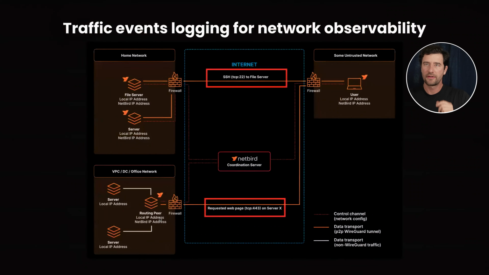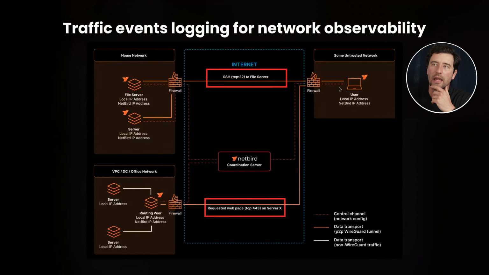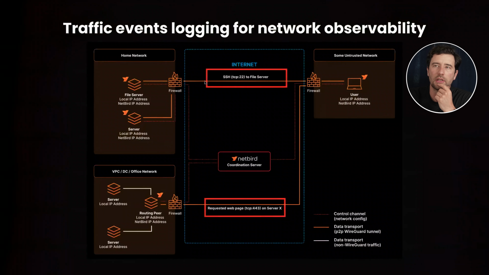Now, what are the traffic events in this context? The traffic events logging feature is basically a way to improve observability in your network. You can pretty much observe what's happening in the network, who connects where. So the traffic events are pretty much connection events. Say a user tries to access a file server via SSH, you can see this with the traffic events logging feature.